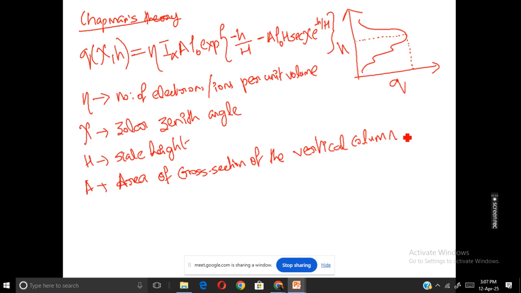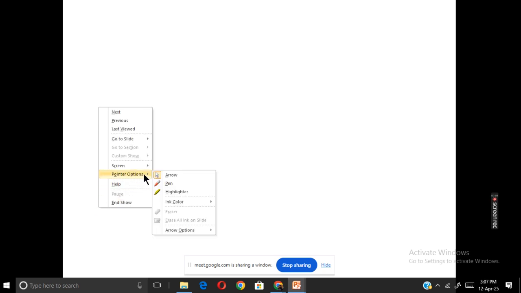Now let us find the equation corresponding to the peak production. Peak production, in the sense, at this particular point, what is the equation for the production? For deriving the peak production, the rate of change of production with respect to height is 0.